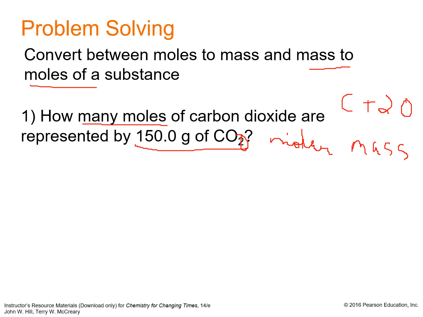You will look at the periodic table and find the grams of carbon per mole, or the molar mass. So 12 grams of carbon plus 2 times 16 in this case. Sometimes you will see 15.999, something like that. So 12 plus 2 times 16 corresponds to 44 grams of carbon dioxide in 1 mole of carbon dioxide.